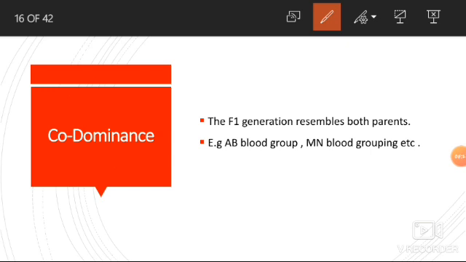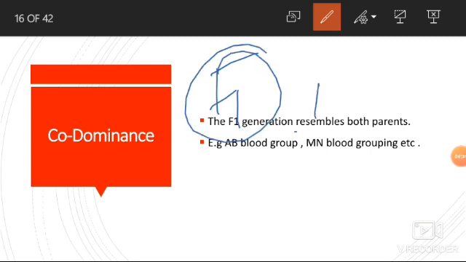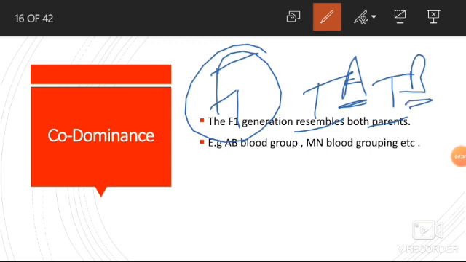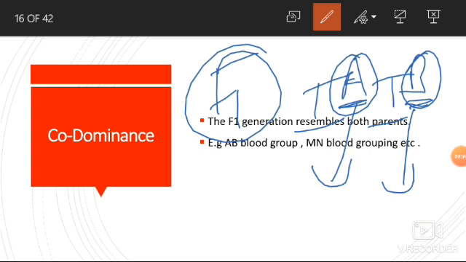And these alleles do not show dominance recessive relationship. In hybrid condition, these alleles do not show dominance recessive relationship. As we had discussed, both the alleles express themselves, so neither A expresses completely, nor B expresses completely. So we can say that neither A is dominant nor B is dominant.